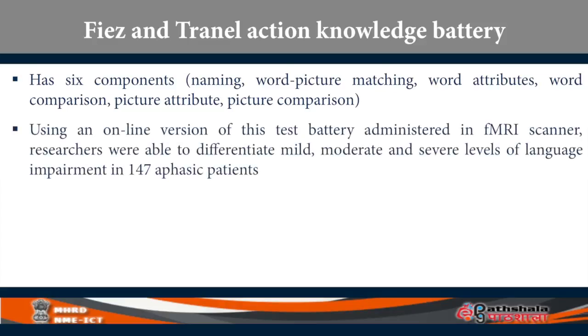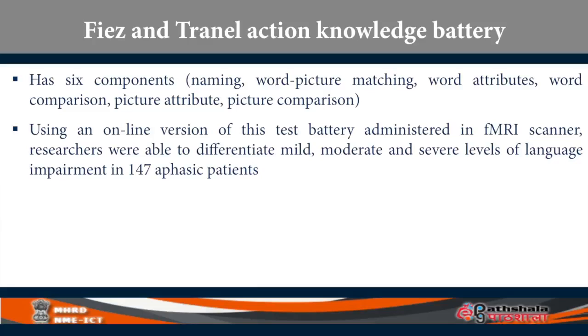Using an online version of this test, when the participant is in an fMRI scanner, notice I am saying online test with fMRI scanner, they did a huge study.